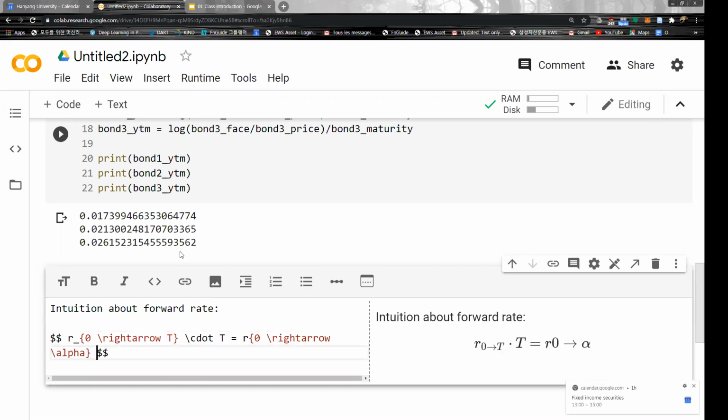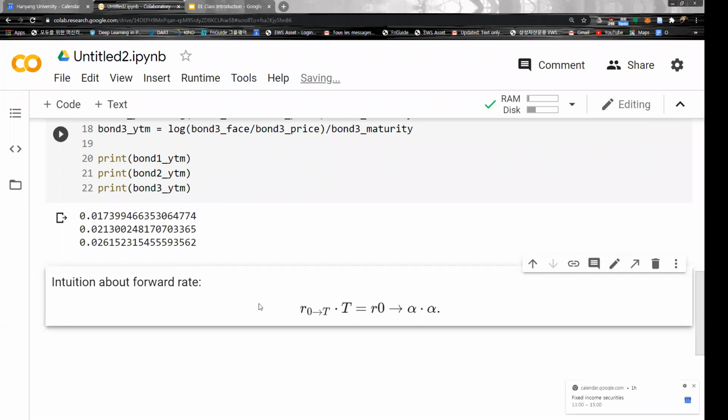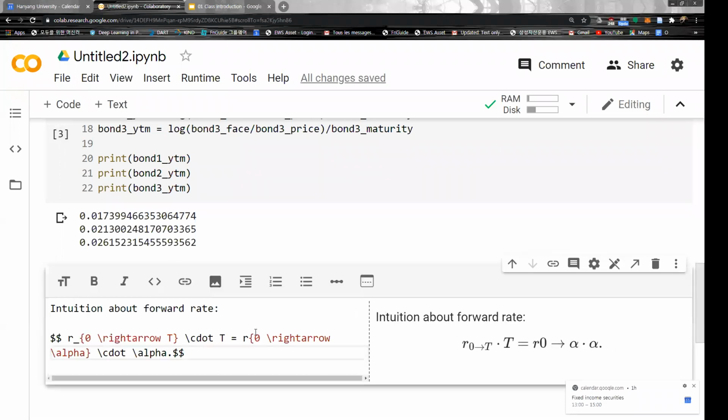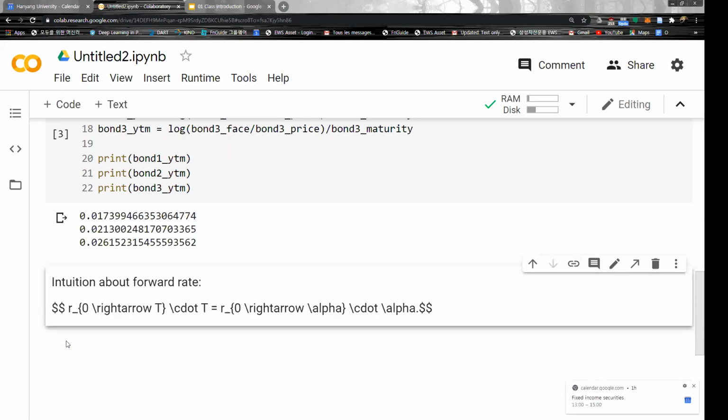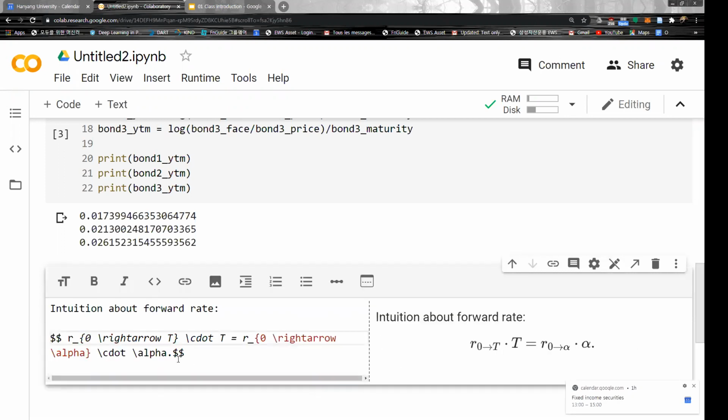Oh, I forgot the R underbar over here. Okay, this one. And then from alpha to big T. Now it is kind of forward, right?